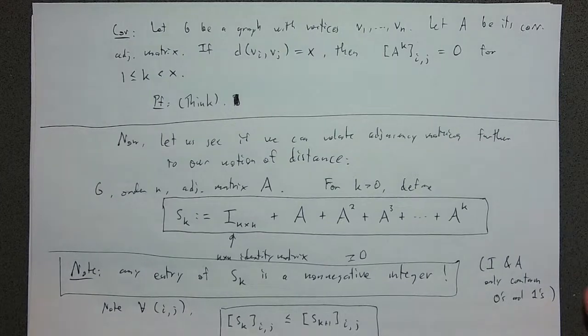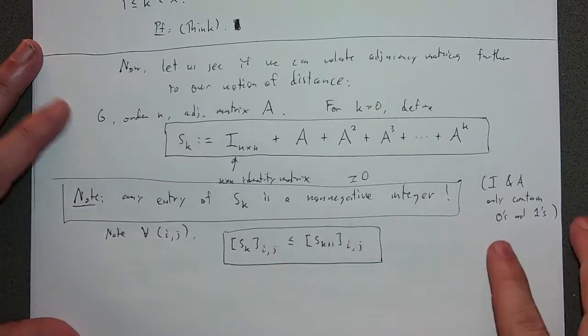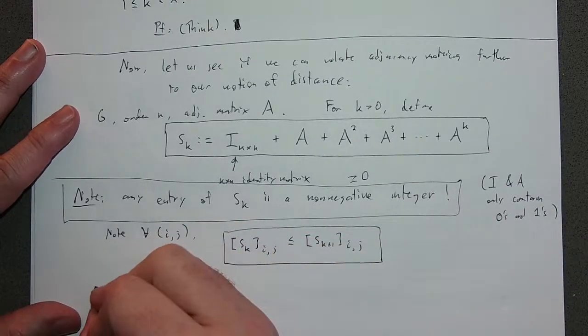Now, what is this matrix sum S sub k telling us?